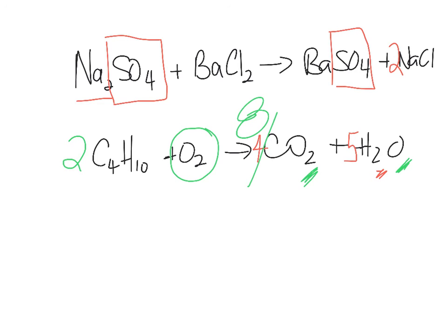Now we've got 8 carbons. How many hydrogens are we going to need now? We've got 2 times 10, so 20. So we're going to have to multiply that one by 10.